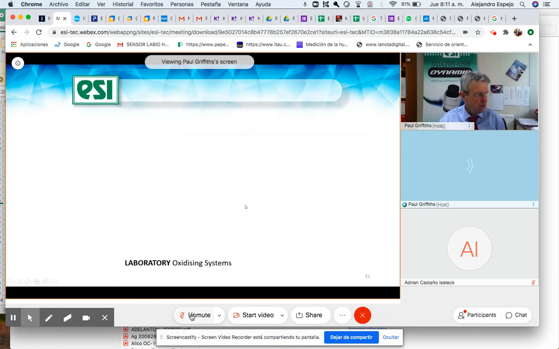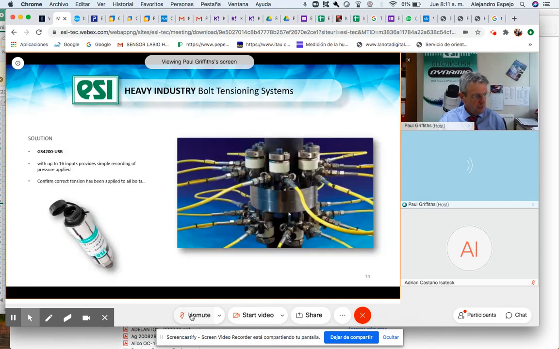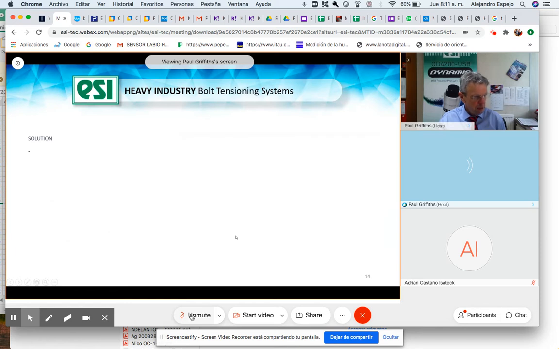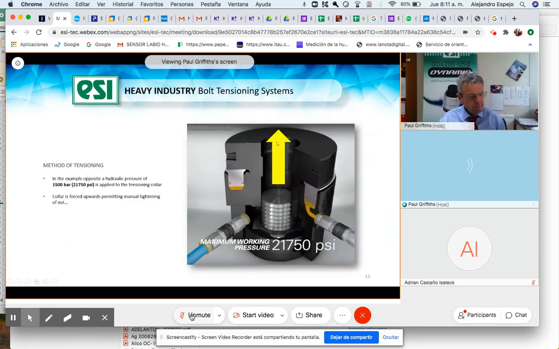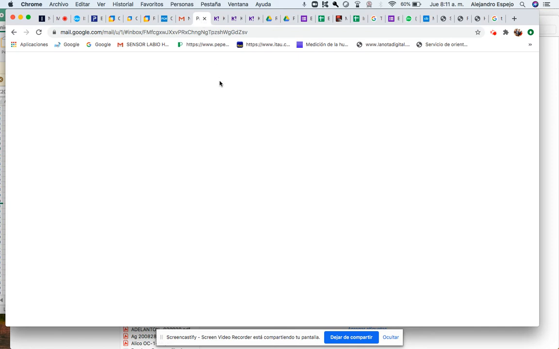I don't have an example there, but if you can imagine going back to this slide, once the bolt is stretched, you can see here, there's a little hole by the 5, there's a little hole here, and you put a little dowel in, a little metal bar, and you move it to that position, just a quarter of a turn. So the nut is screwed onto the bolt until it meets the surface, but at this point we don't tighten it.